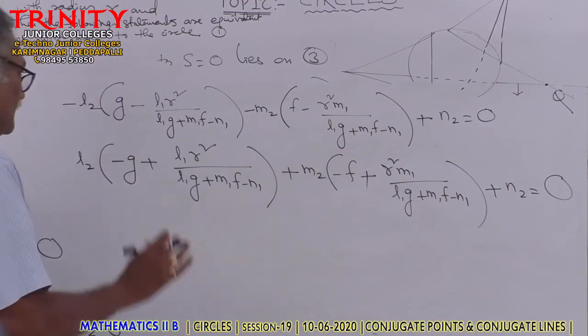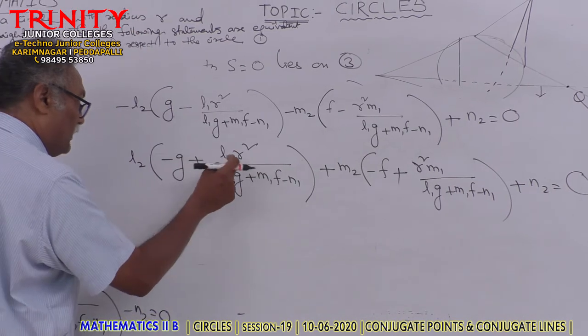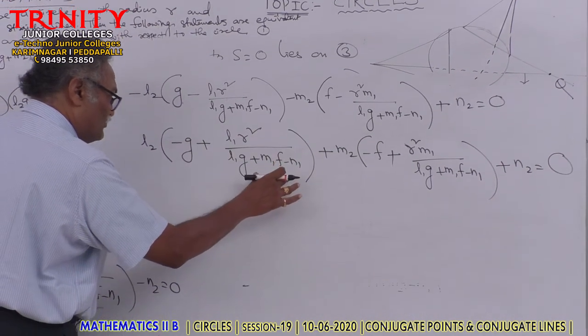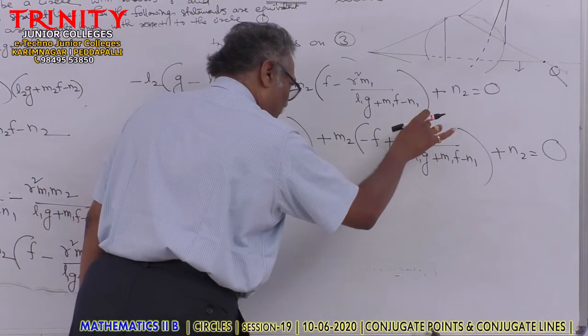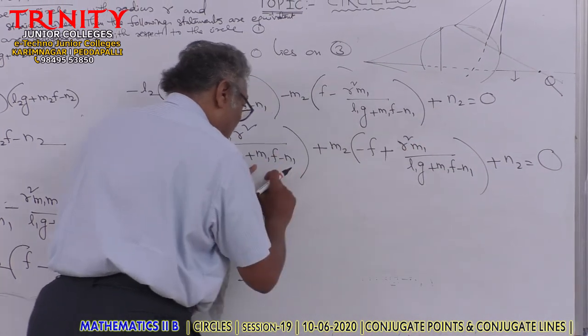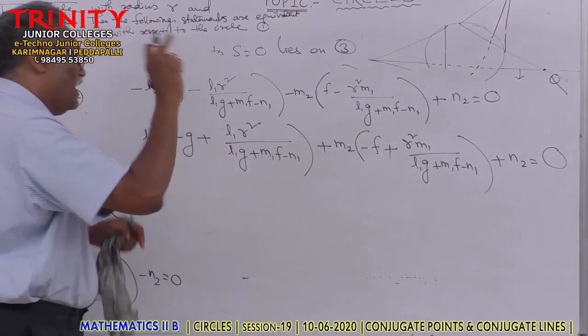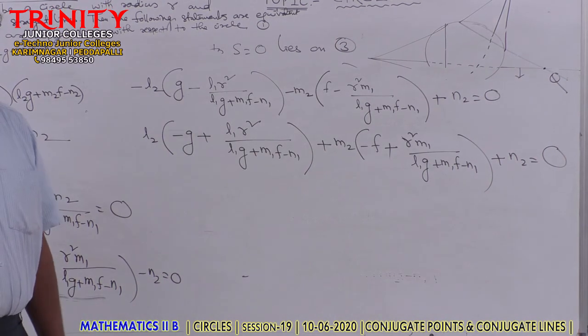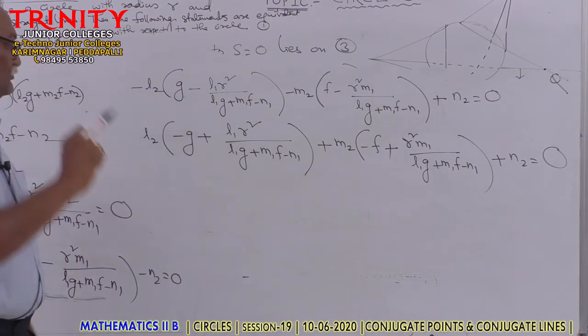See here, minus g plus L1 r square by this one, minus f plus this one, it is the pole of 2 with respect to the given circle.